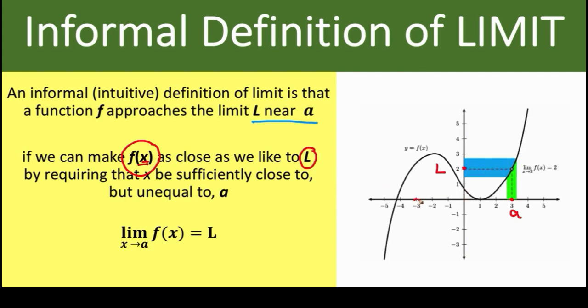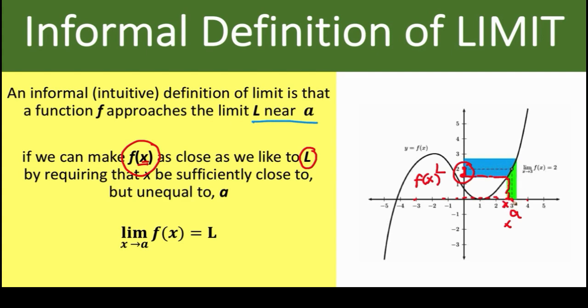The x values are the values in the horizontal axis. And if you have a specific value x here, then there is a corresponding y value here, which we call f of x. If you want to make f of x sufficiently close to the limit L, that means this distance is very, very small, then we can achieve that by requiring that our x approaches a specific value a.